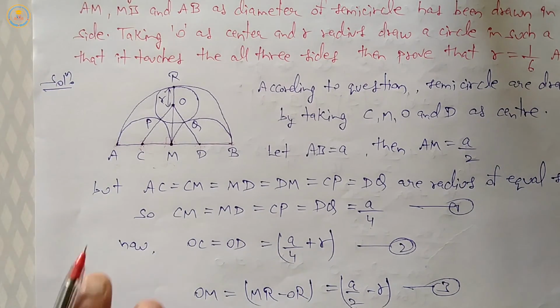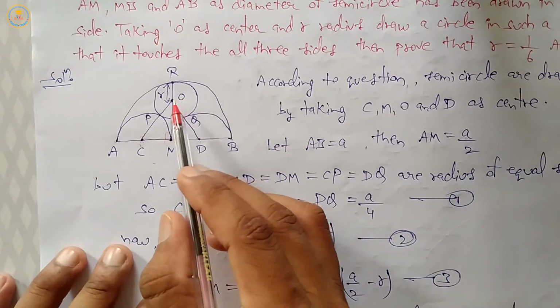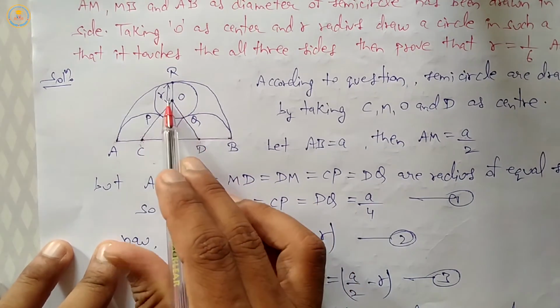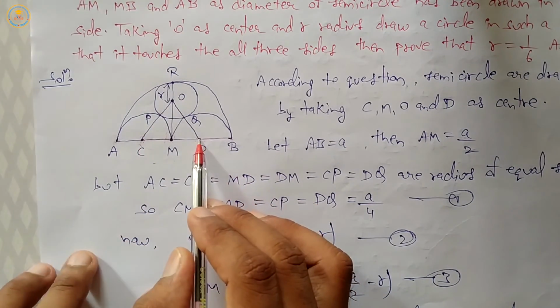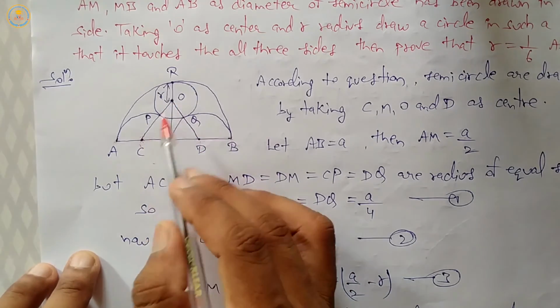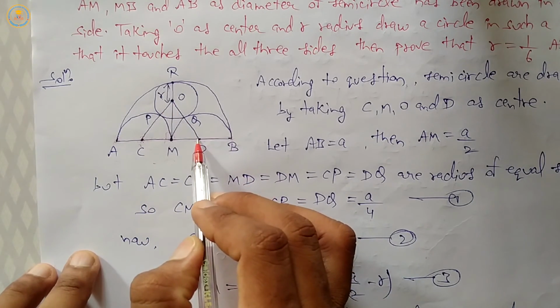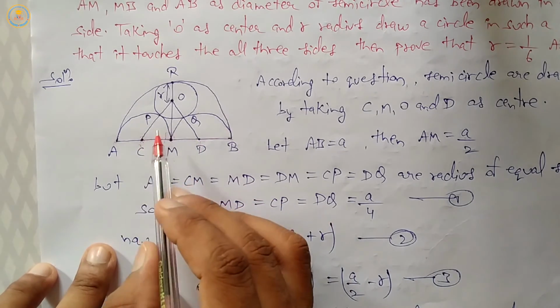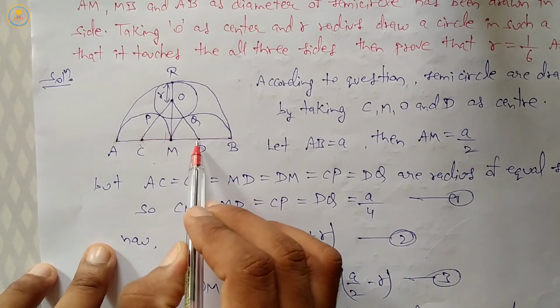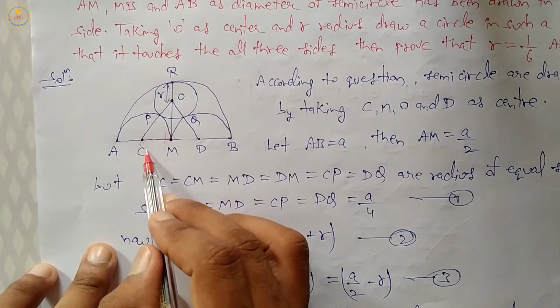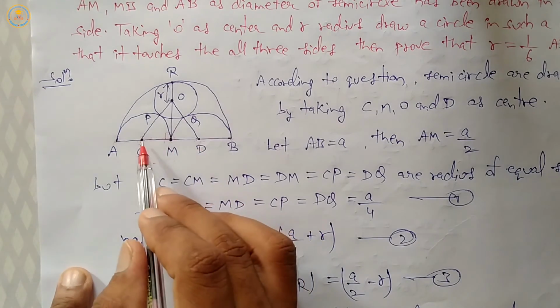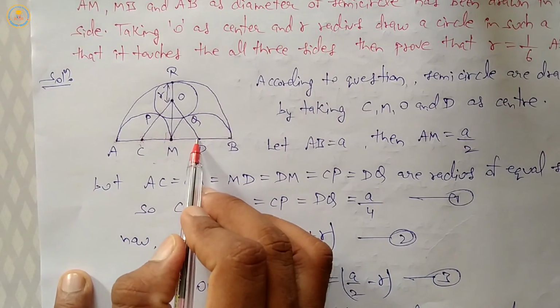Now here the triangle is OCD, an isosceles triangle. Here OC equals OD, corresponding sides equal. Then CM equals MD, because OM is perpendicular to CD.